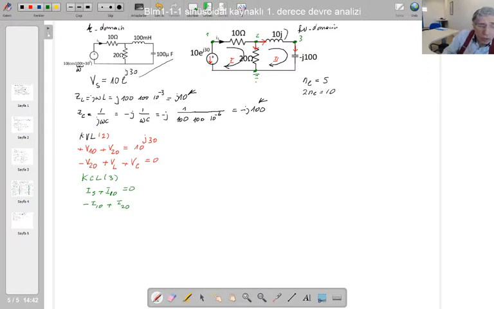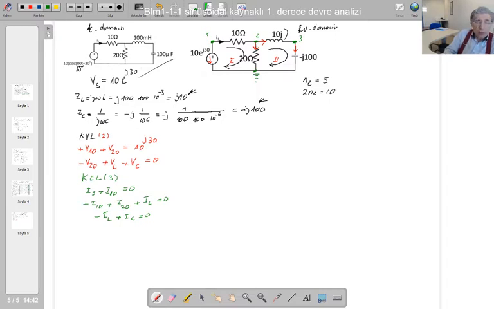This current also coming out of the node, plus IL is equal to 0. For the third node, this current IL is towards the node, minus IL, and this is coming out of the node, plus IC is equal to 0. So these are the three independent Kirchhoff current law equations that we wrote here.